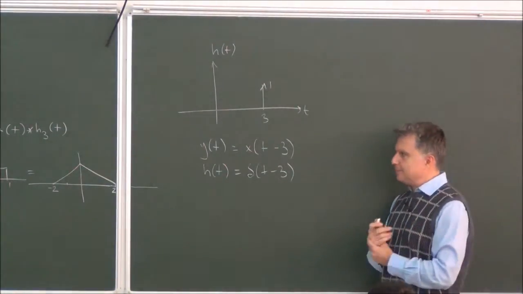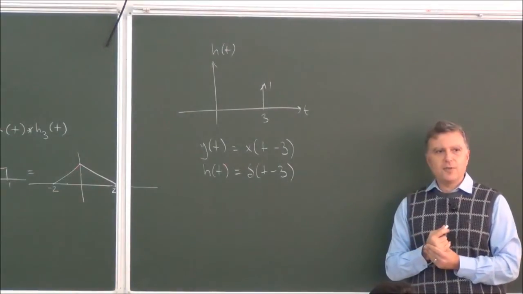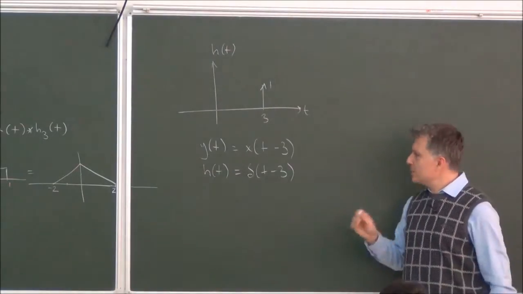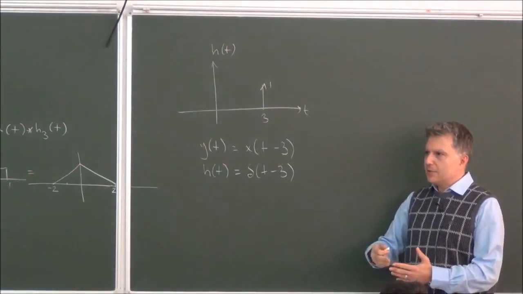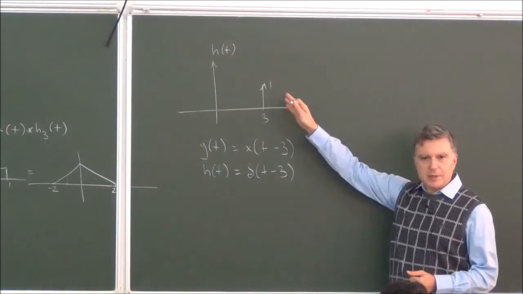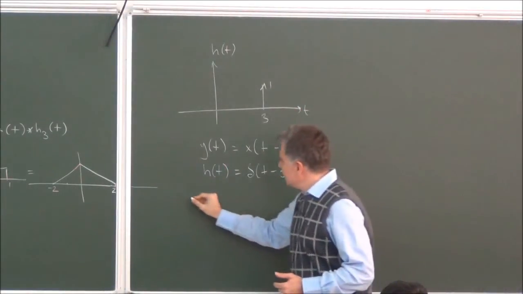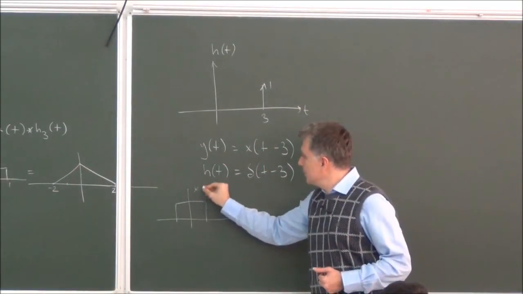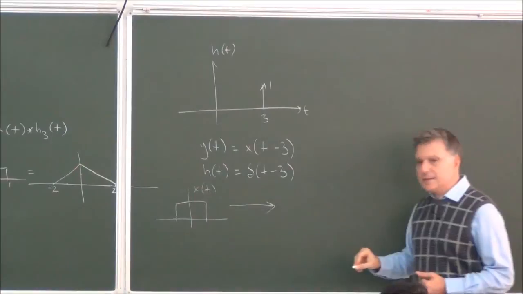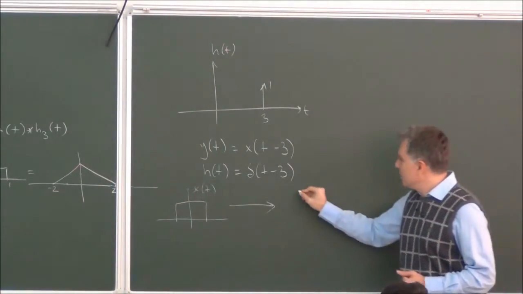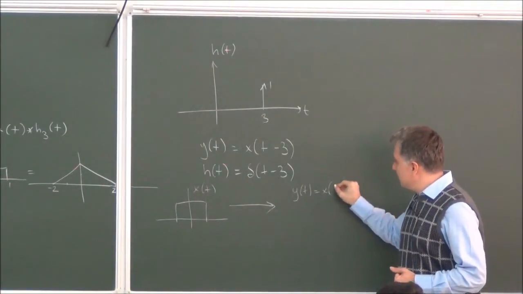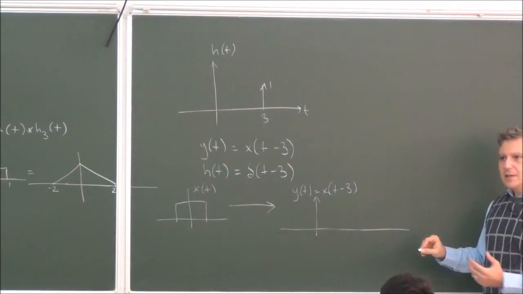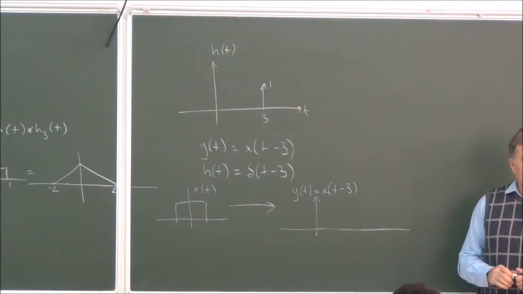In that sense, it's quite easy to find the response of this system to any other input. Suppose that our input is not an impulse, because if it were an impulse, then the output would be this. But suppose that the input is this rectangle. This is x of t. Then from the system, what will be the output? y of t will be x of t minus 3, which is a 3-shifted version of the same input.